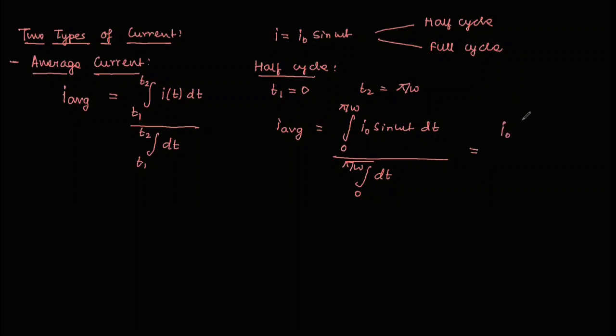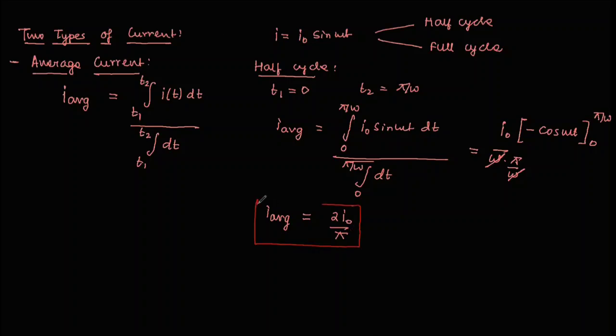We obtain I naught, integration of sine is minus cos omega t divided by omega, and over here dt will come out to be pi by omega. We put the upper limit minus lower limit. It will turn out to be pi by omega, so we can cancel omega. And on solving, we obtain I average is turning out to be 2 I naught by pi. So for half cycle, the average value of current is coming out to be 2 I naught by pi.